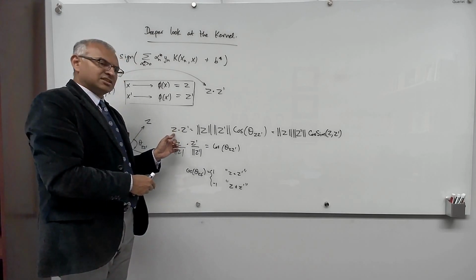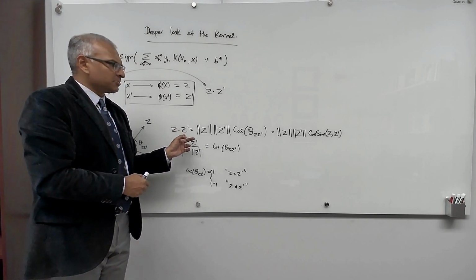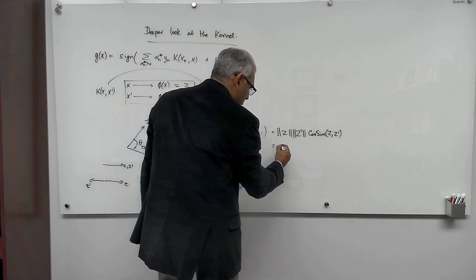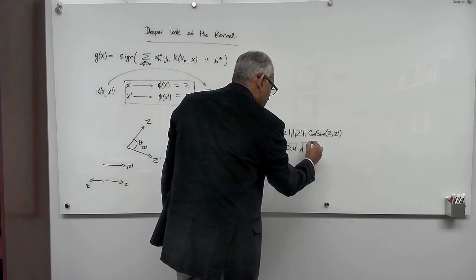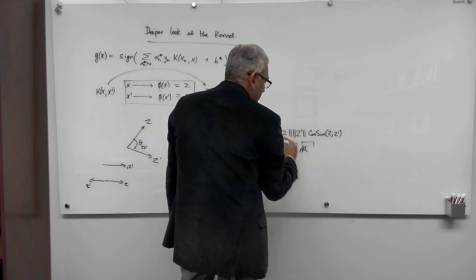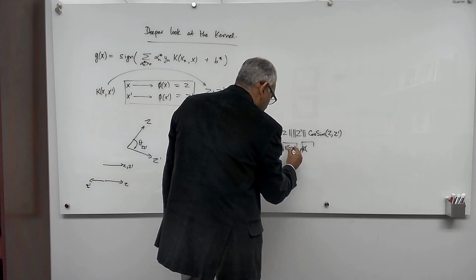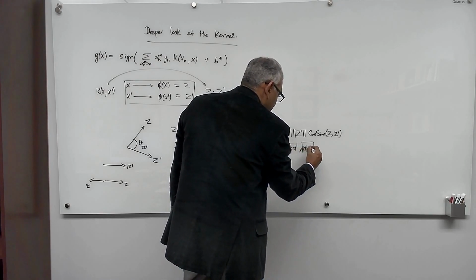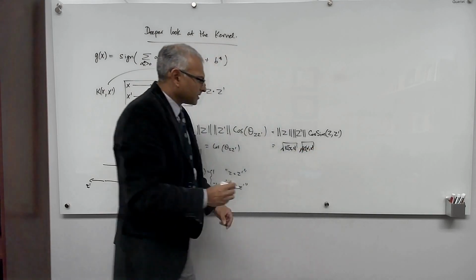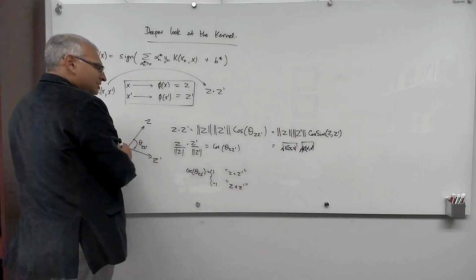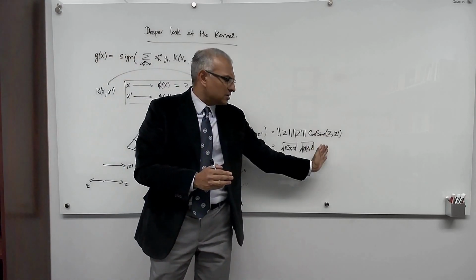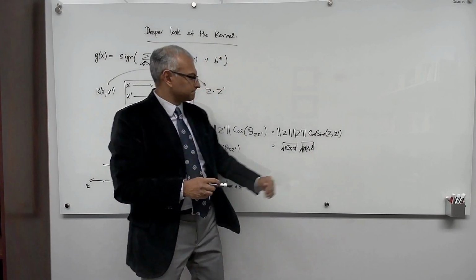It's just the square root of the kernel of z z, and the square root of the kernel of z prime z prime. So this is the square root of the kernel of x x, and this is the square root of the kernel of x prime x prime. So modulo the norms of z, the kernel is essentially computing a measure of similarity.